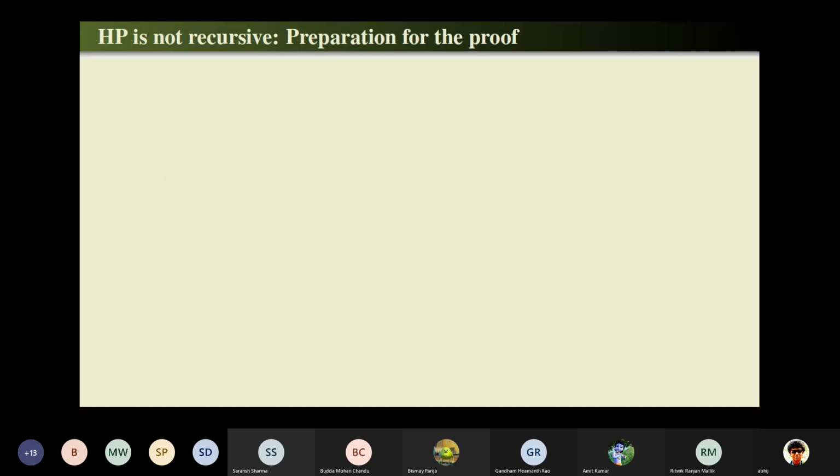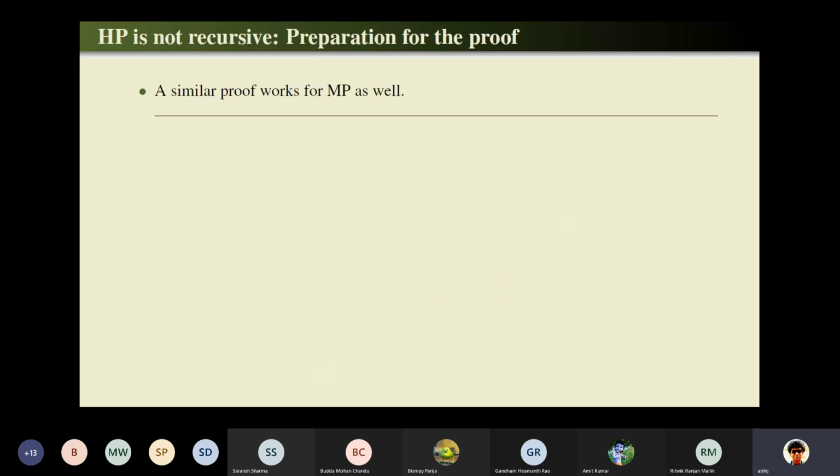So I will now prove that the halting problem is not recursive. Let us prepare for this proof. Almost the same proof works for the membership problem with a little bit of changes.